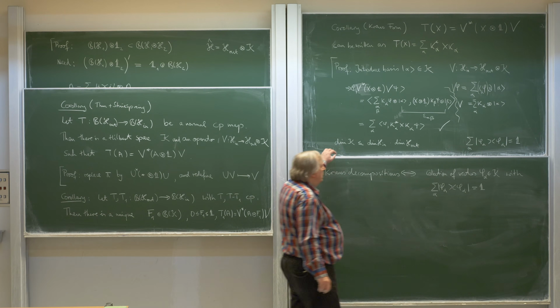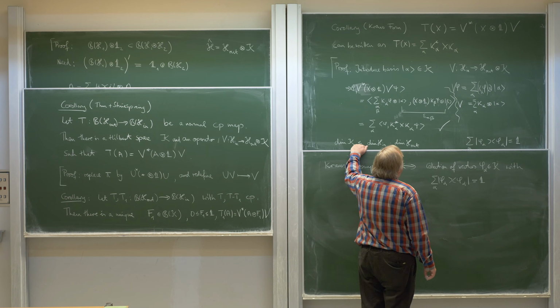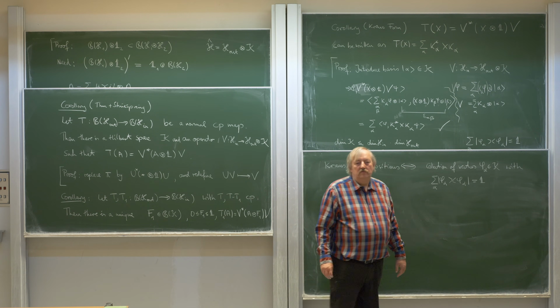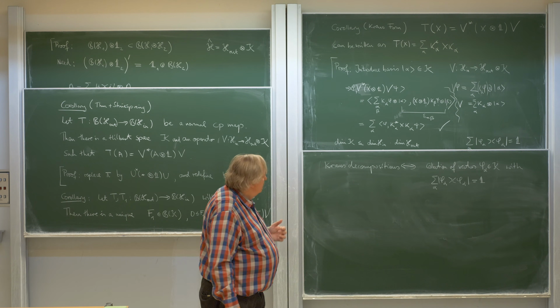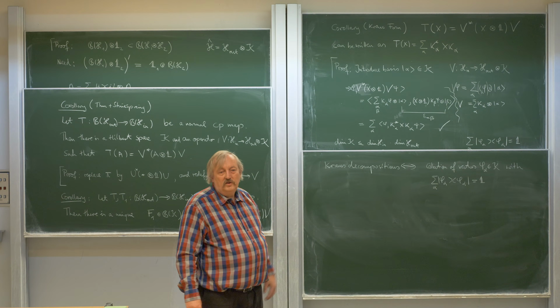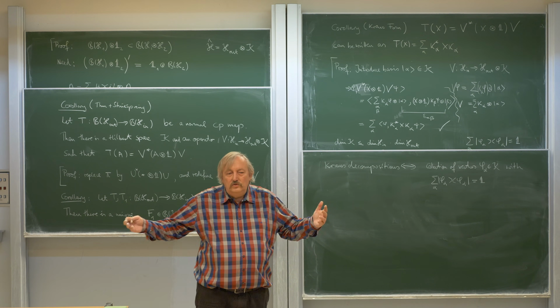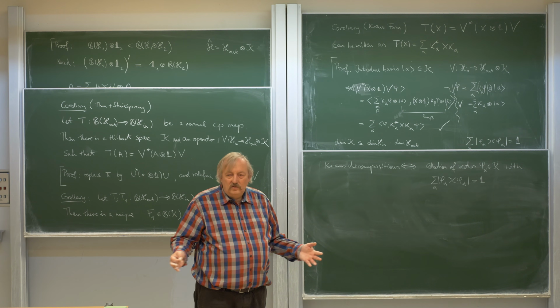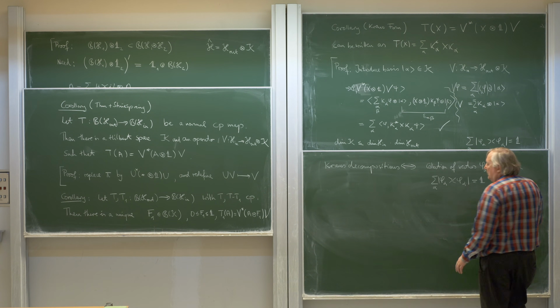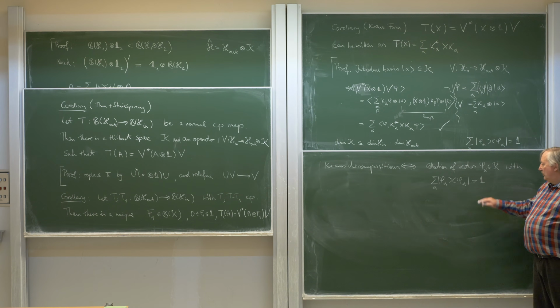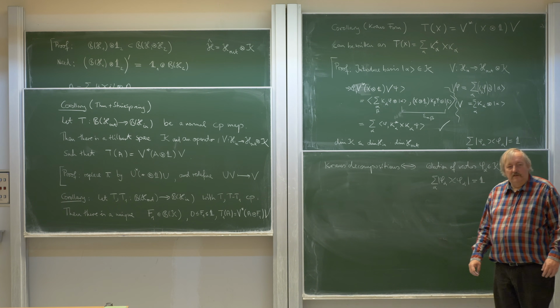And then this would allow you to decompose your T into the sum of such positive things, but there may be way too many summands. So the parsimonious way to do that, the one with the fewest Kraus operators, would of course be taking the basis. And that's the usual thing.